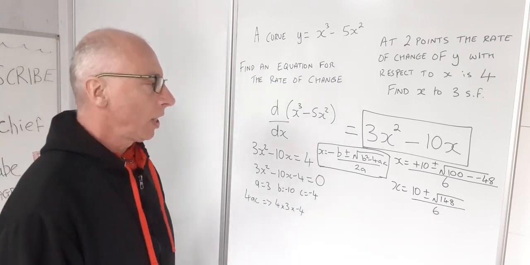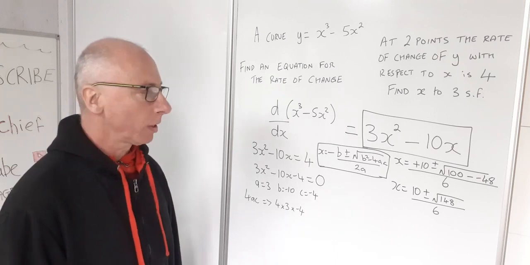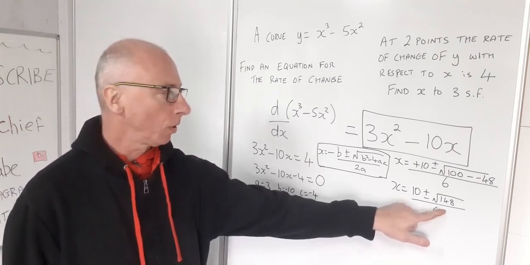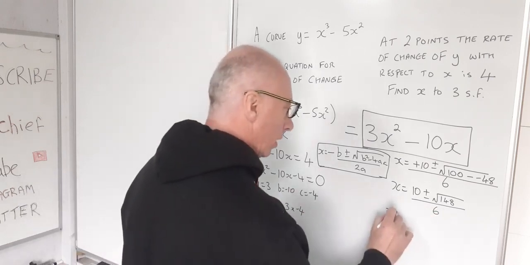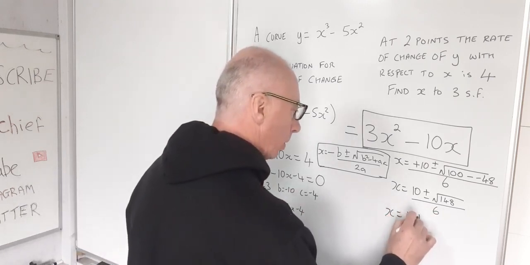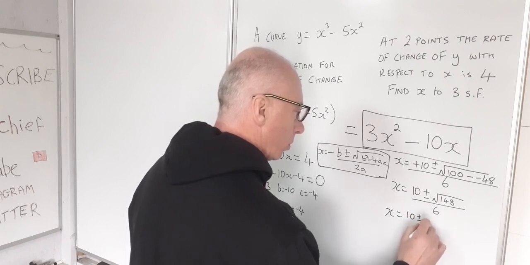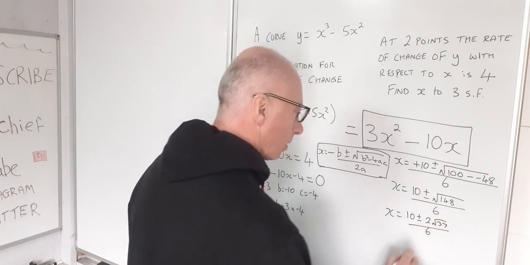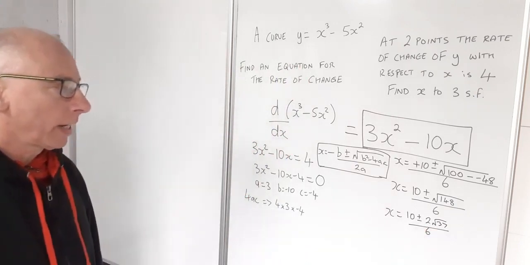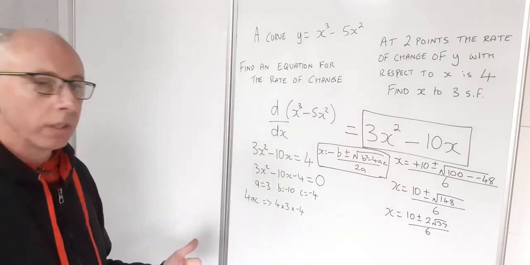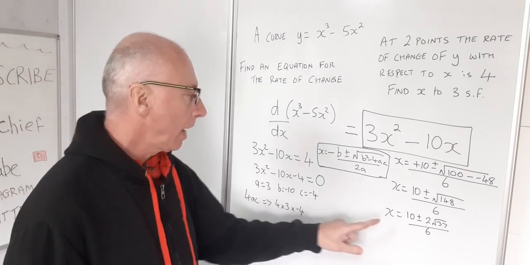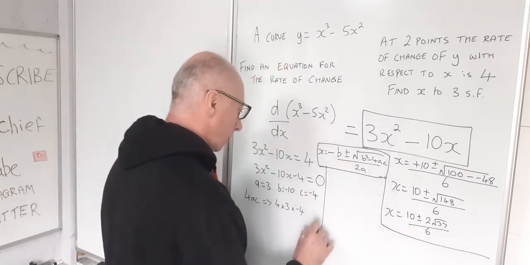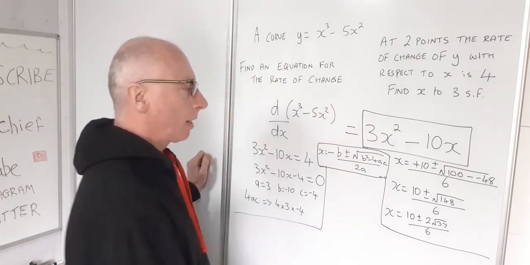Well, 148, I know 4 will go into 148, so that will go 37 times. So I've got x equals 10 plus or minus 2 root 37 over 6. Okay, so now I've got my two solutions.